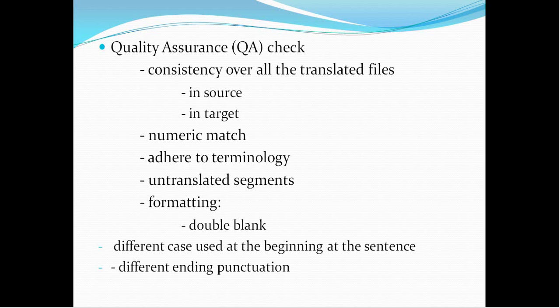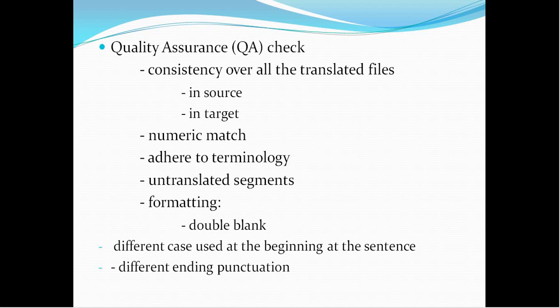You can check more than one file. And you can also check if a single source was translated in the same way, or if there is an error and the same target corresponds to two sources, which is not correct.